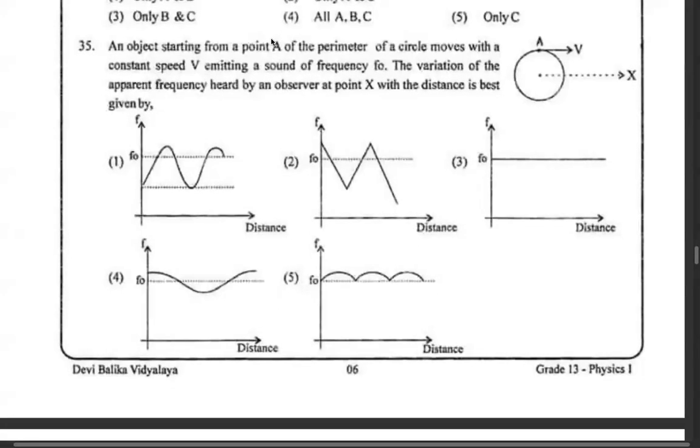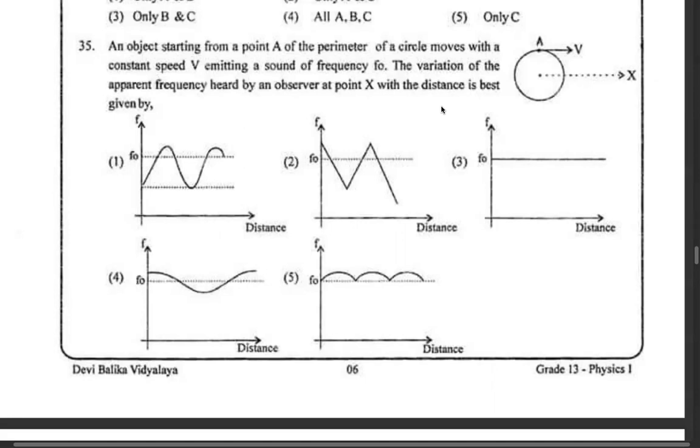Okay, 35. An object starting from a point A of the perimeter of a circle moves with a constant speed v, emitting a sound of frequency f naught.